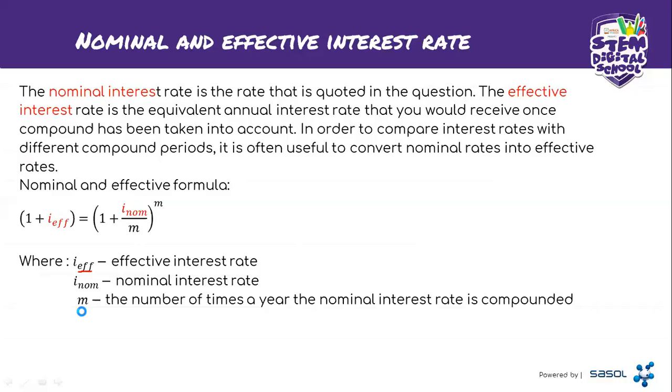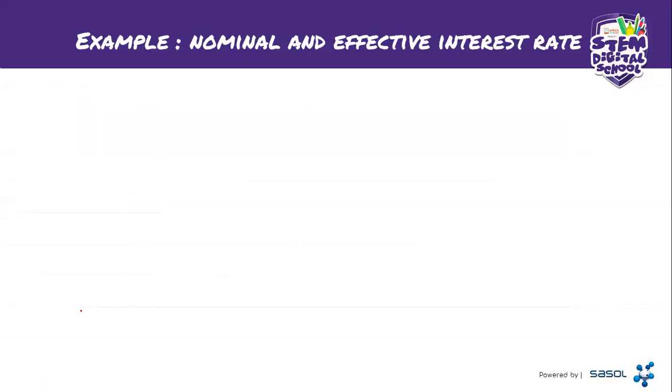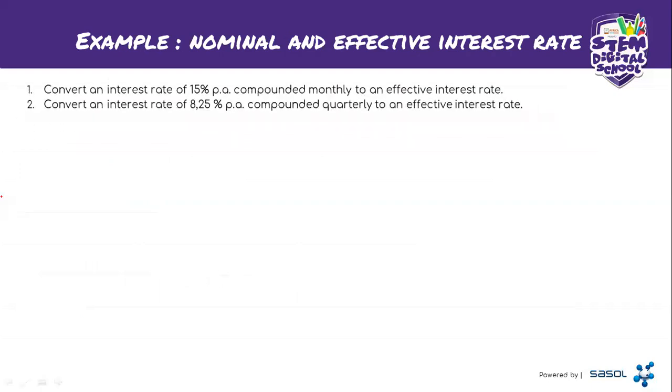Now let's take an example where we use nominal and effective interest rate. The first question says: convert the interest rate of 15% per annum compounded monthly to an effective interest rate. We write the correct formula. From the question, we have to calculate the effective interest rate.